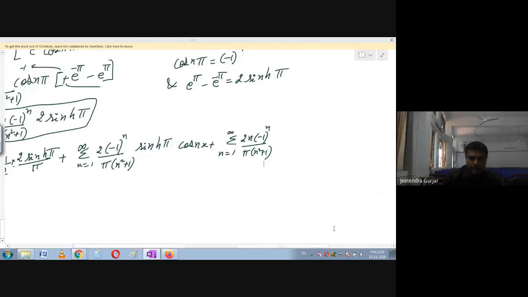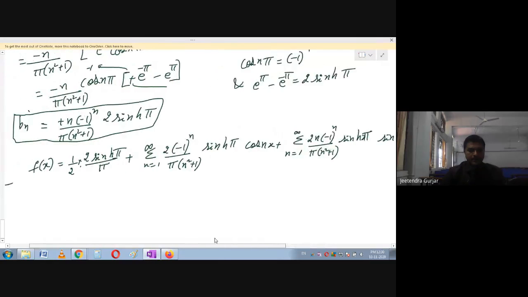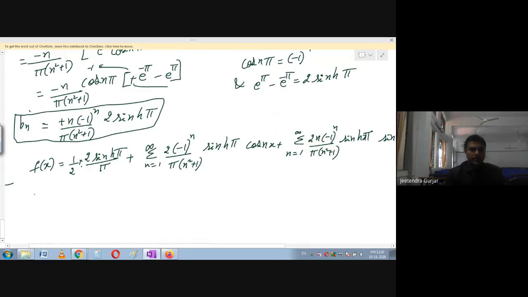And sinh pi, and sin nx. It's already there. So therefore you get this value very easily. You can calculate this. You have calculated. So this is your answer, the required answer, students.